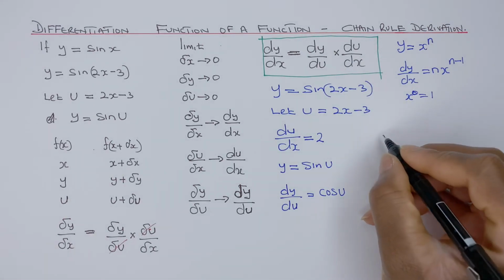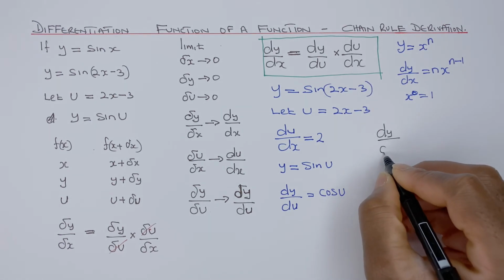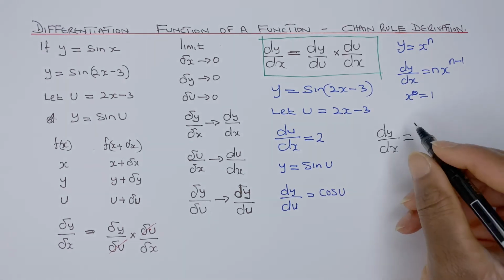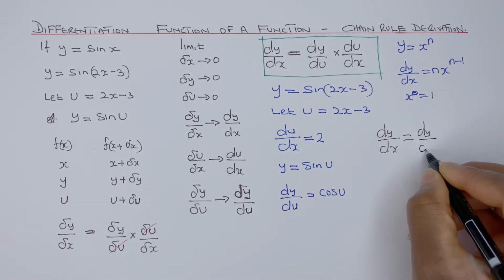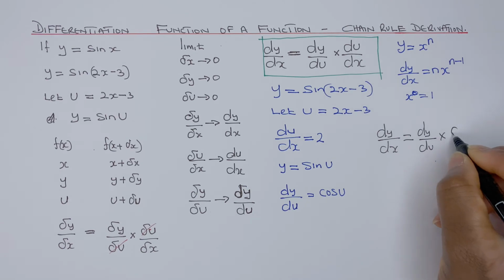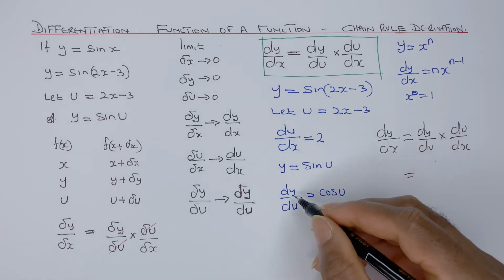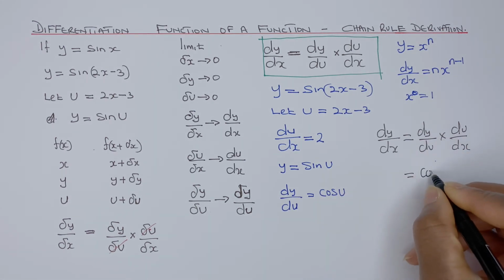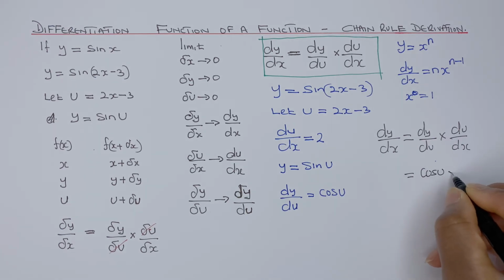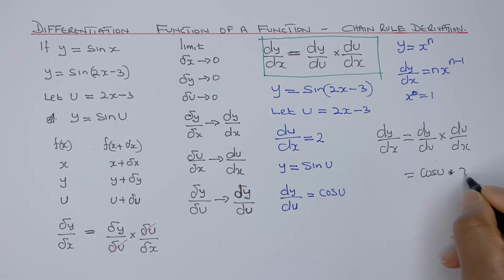So therefore, we would say dy over dx equals dy over du times du over dx. So what is dy du? dy over du is cos u times du dx is 2.